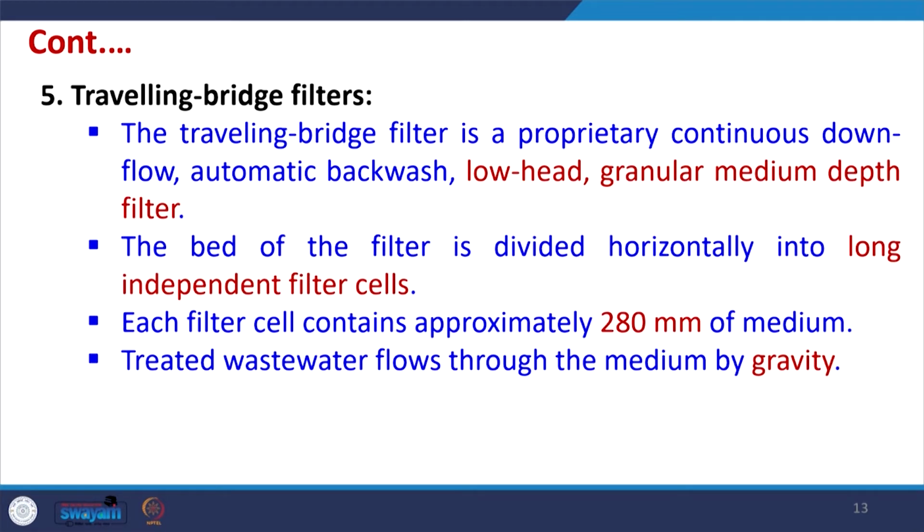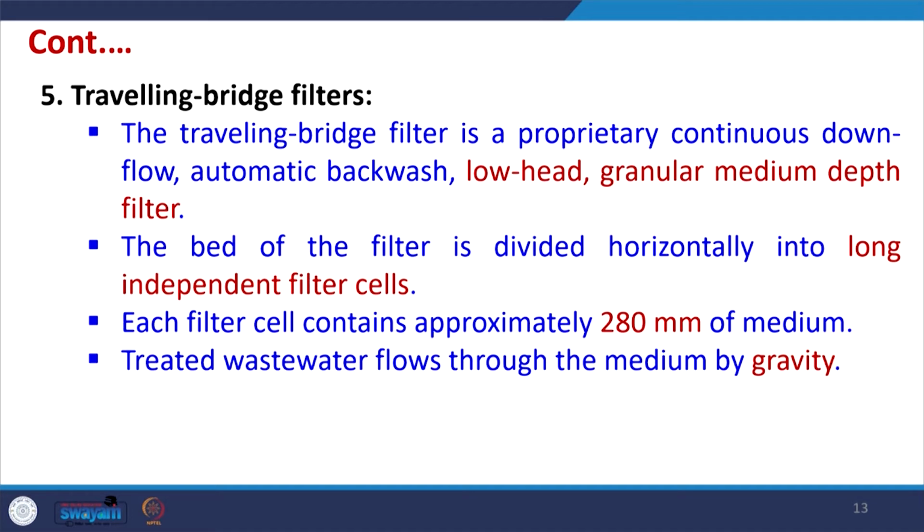Similarly, there is another type of depth filter which is called the travelling bridge filter, and again it is a proprietary continuous downflow automatic backwashing low head granular medium depth filter. We can go and cross check these filters in detail if you are interested. The bed of the filter is divided horizontally into long independent filter cells.